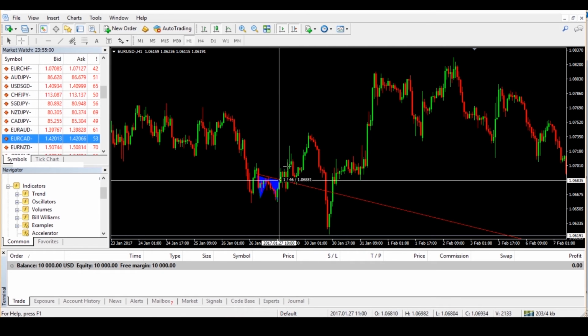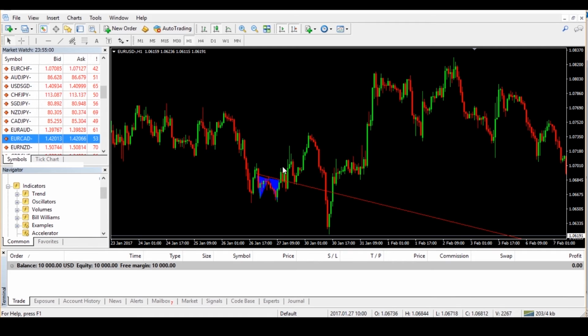And as you can see, it did actually go to 139. So immediately after it broke out, it went to 139. So from the neckline to this candlestick, you would have gotten 139.